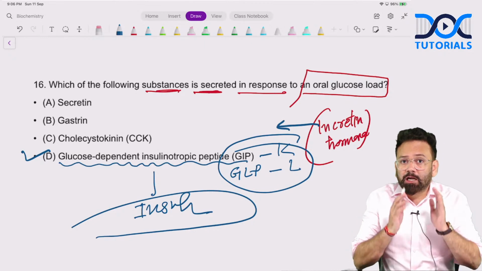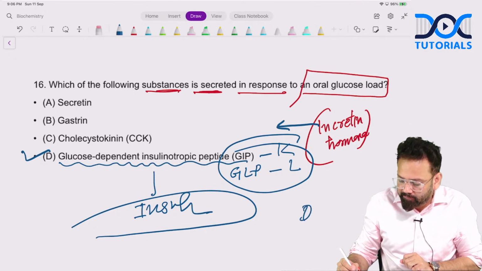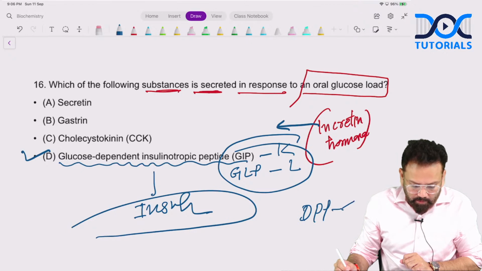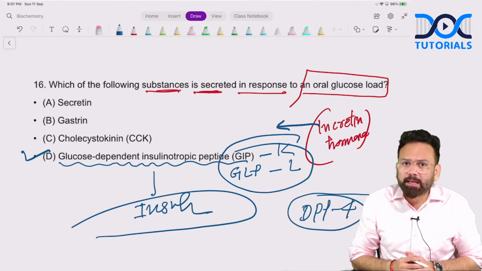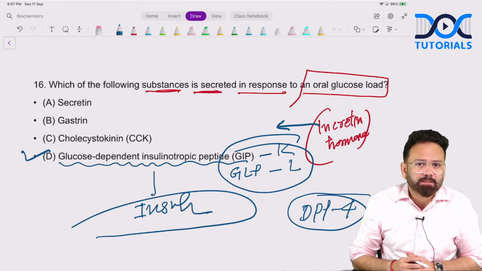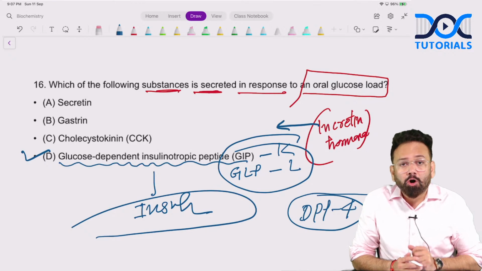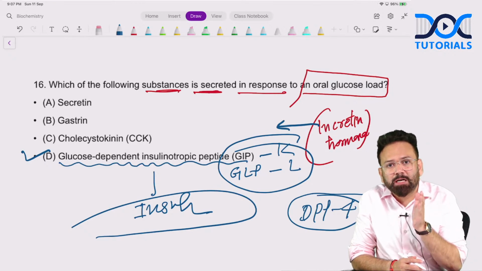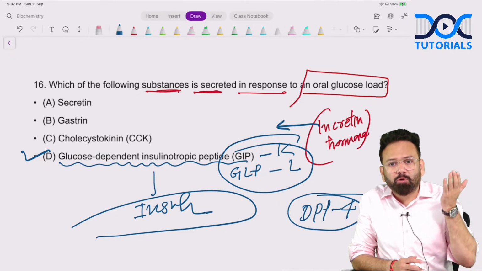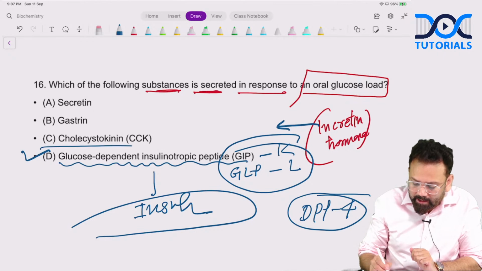Now this GLP-1 is degraded by which enzyme? DPP-4. That is why if we give a DPP-4 inhibitor like gliptins, sitagliptin, linagliptin, vildagliptin, saxagliptin, all gliptins inhibit the degradation of GLP-1, increase GLP-1, increase the release of insulin. So these are called incretin hormones.